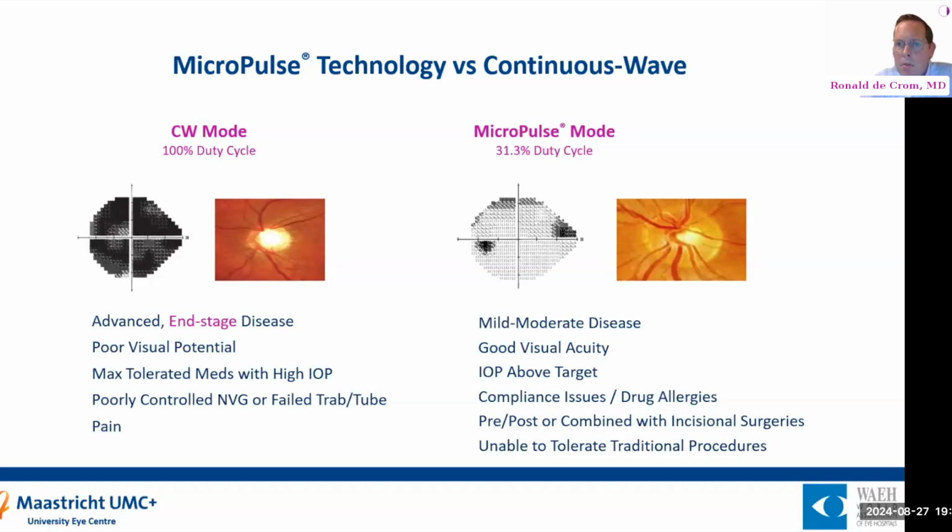With the MicroPulse mode, we've got some more patient categories we can treat. For example, patients with a mild or moderate disease, also patients with better visual acuity, you can treat with them. And besides the milder diseases, still the advanced and end-stage diseases can be treated very well with the MicroPulse mode.